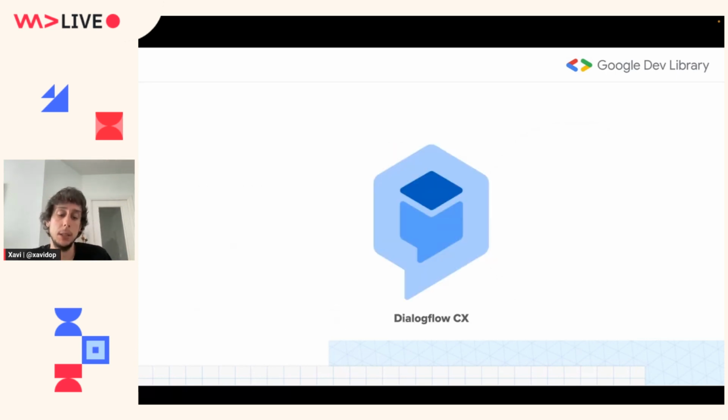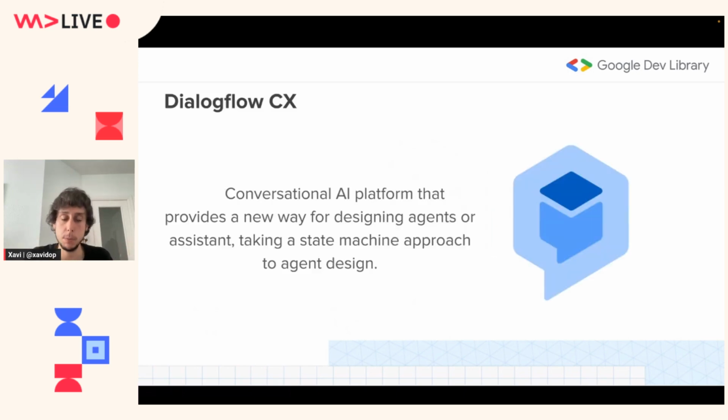But today we're gonna talk, as I said, about Dialogflow CX. So what is Dialogflow CX? Dialogflow CX is basically the conversational AI platform that provides a new way for designing agents or assistants, taking a state machine approach to agent design. Basically it's similar to VoiceFlow, but from Google.